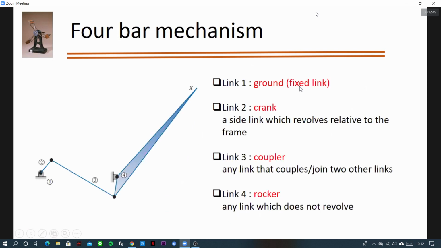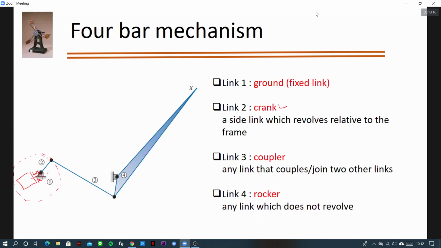Yeah. So what do you actually have? You have link 1 over here, which is ground, fixed. Link 2, you will see, is a crank. Okay. So when you are giving input over here, you will have a motor connected over here. And that is rotating and giving input. Because of that input, this link 2 will completely rotate in a circle.